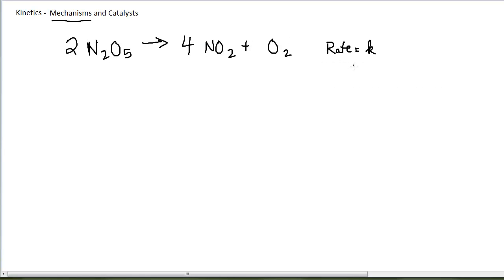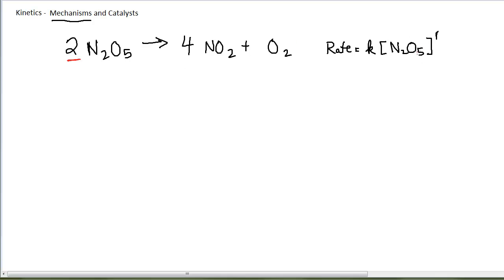When we take this into the lab, we can determine an experimental rate law, and what we find is that this reaction is first order with respect to N2O5. So as the balanced reaction, we do see a 2 to balance the overall reaction, but this is not a second order reaction as determined experimentally, it's just a first order reaction.